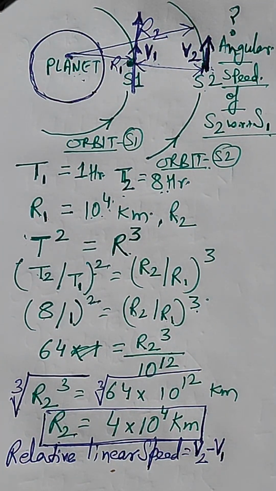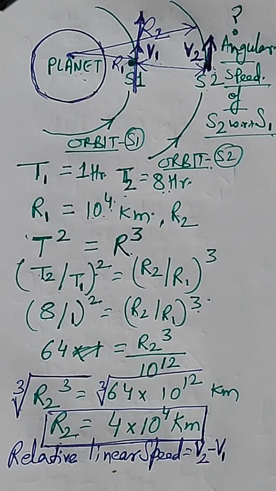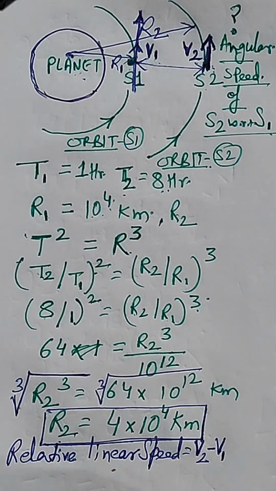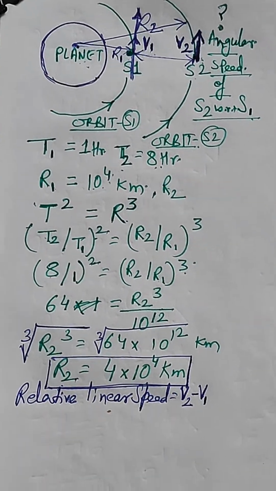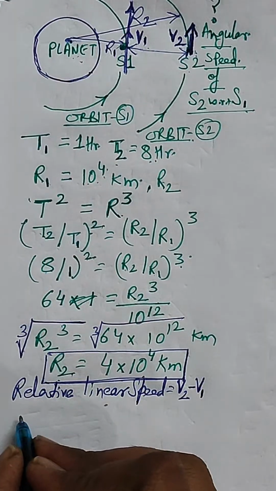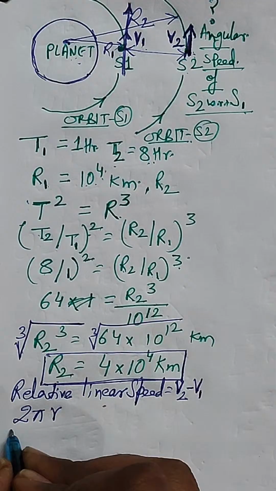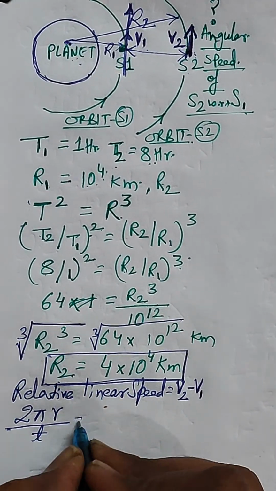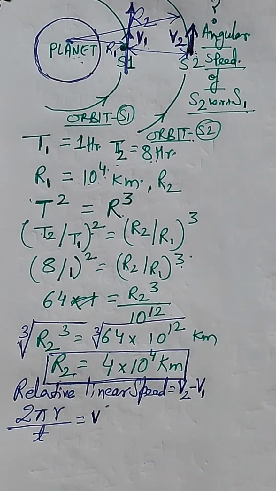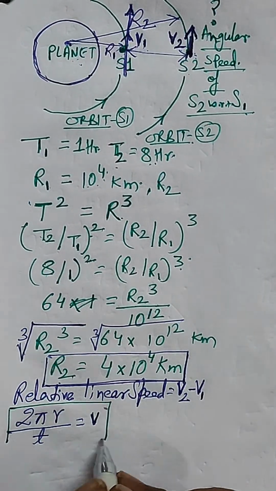We know the relation of velocity with respect to displacement, so we can write 2 pi r by t is equal to v, isn't it? 2 pi r by v is equal to t.